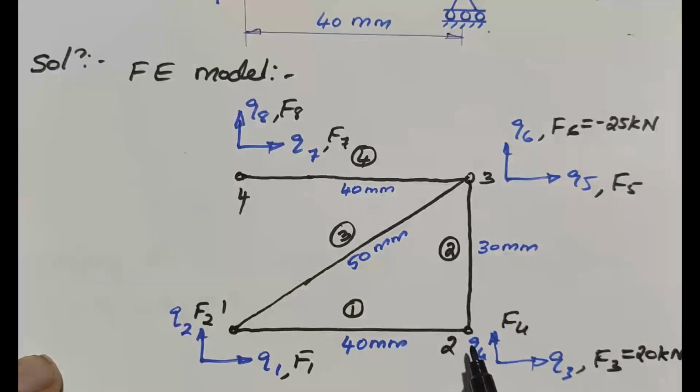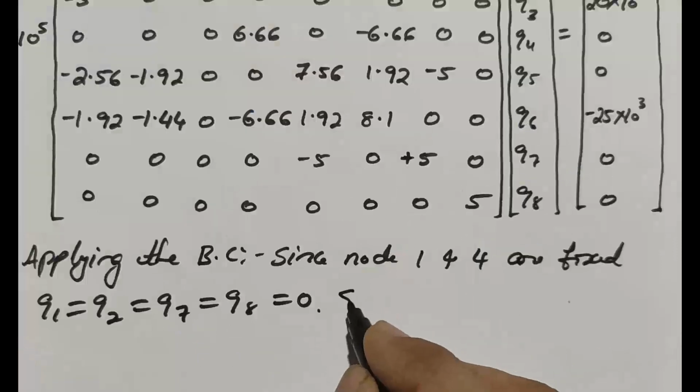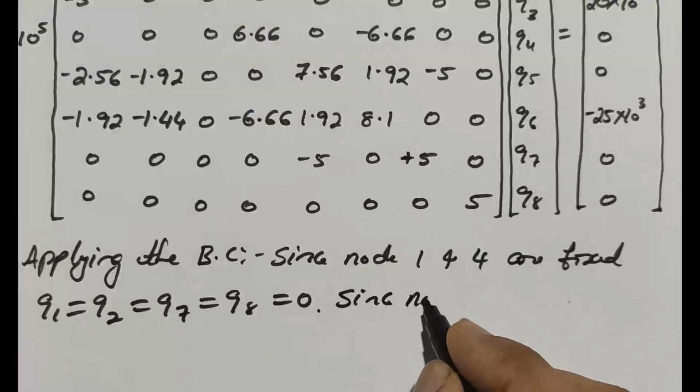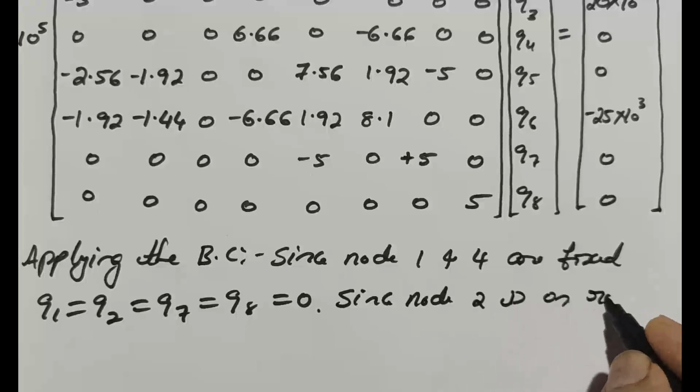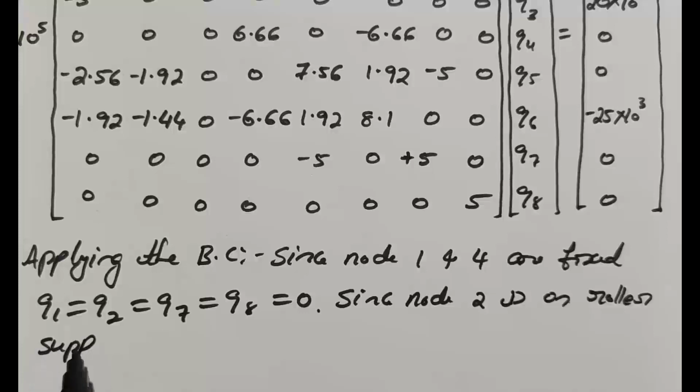Q3 is not 0, since node number 2 is on roller support, it can move in x direction. But it can't move in y direction. Therefore Q4 will be equal to 0.